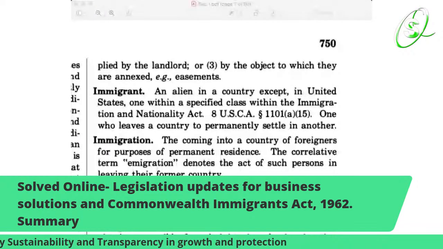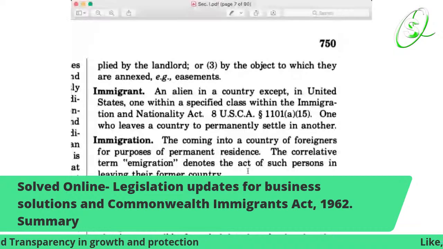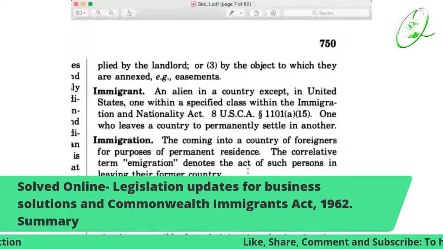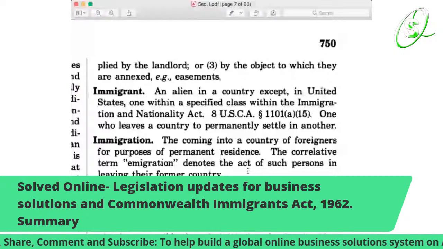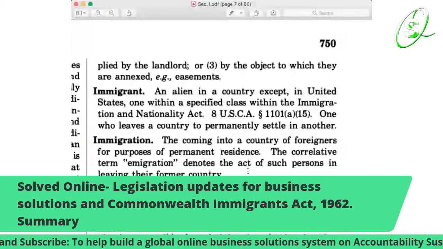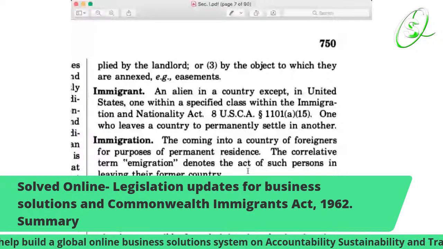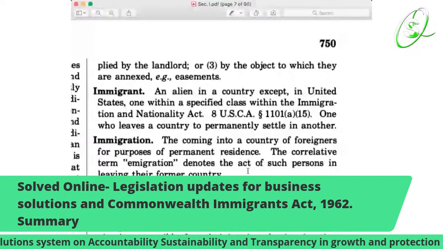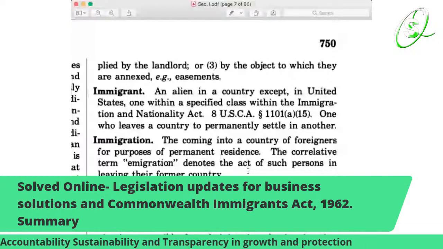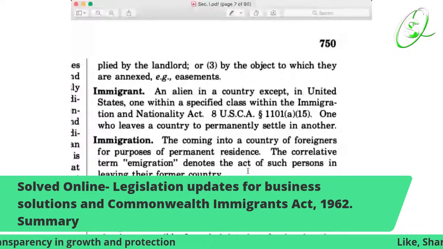And it goes, immigrant: an alien in a country, except in the United States, one within a specific class within the Immigration and Nationality Act, and it's got the US Code. One who leaves a country to permanently settle in another. And immigration: the coming into a country of foreigners for the purpose of permanent residence.